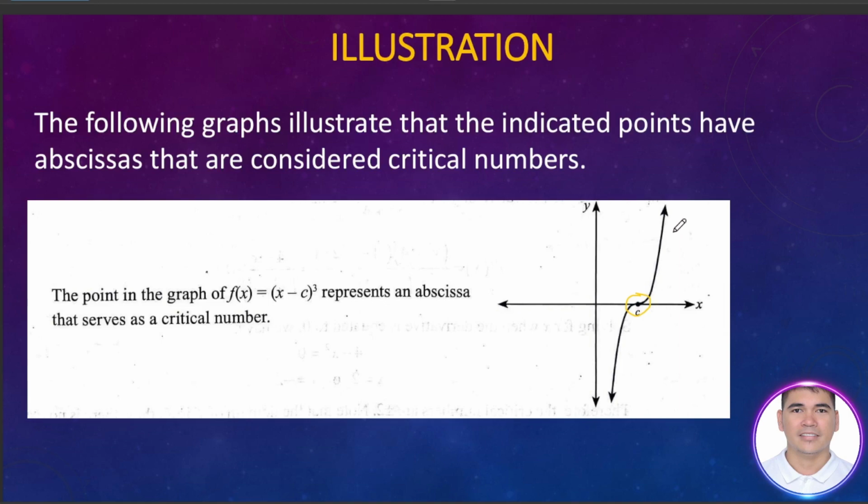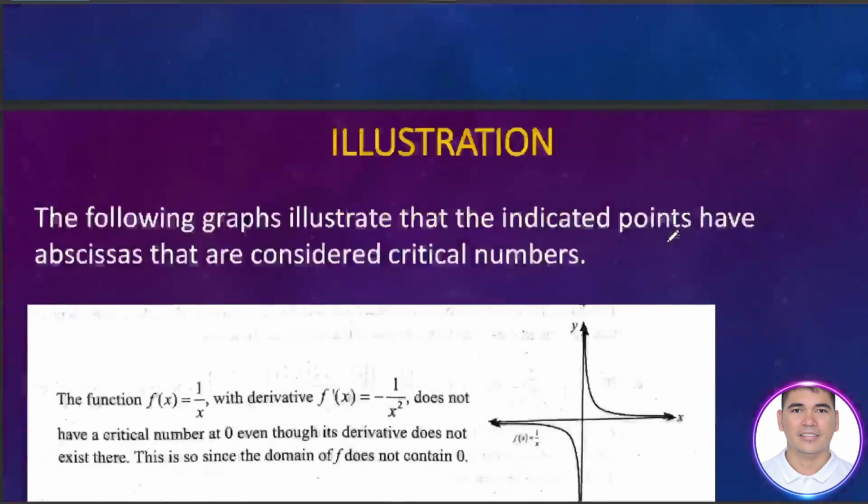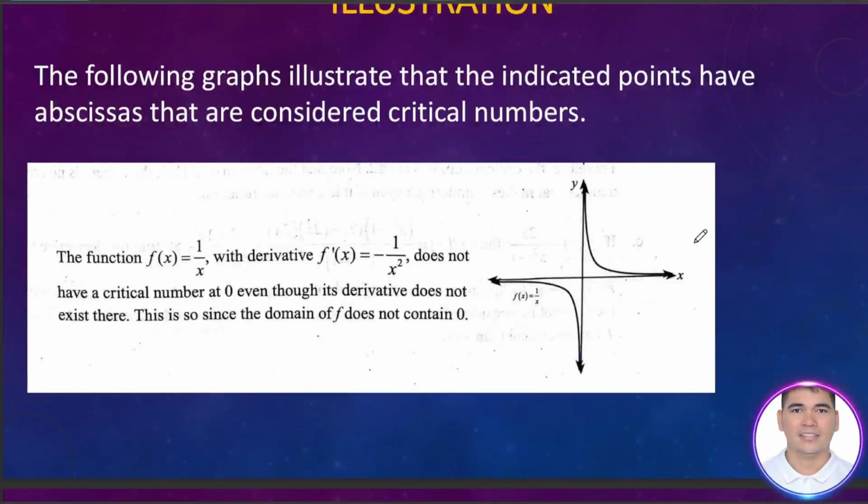So it serves as our critical number. But in this last graph, the function f of x is equal to 1 over x with the derivative of this function, which is equal to -1 over x squared. We have here does not exist, or does not have a critical number, rather, at 0.